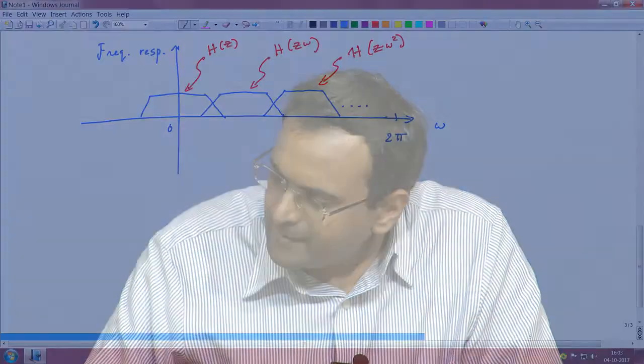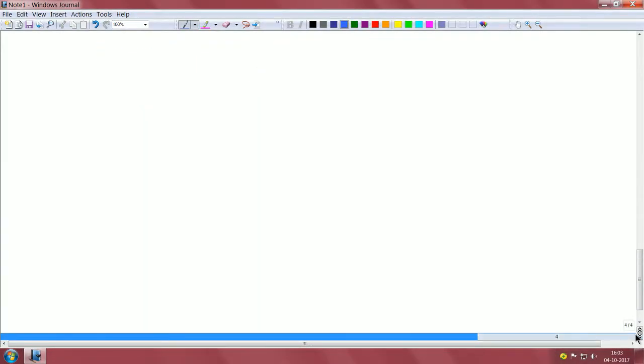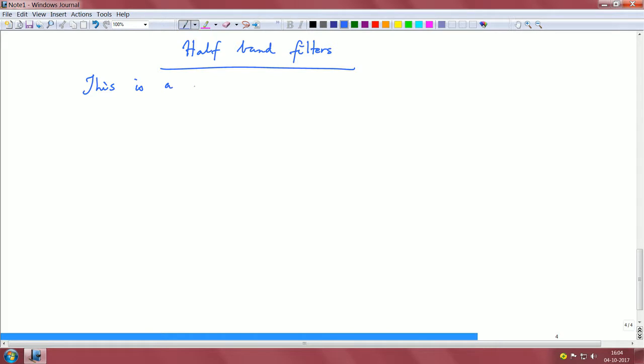And a special consequence of these filters, a special case I would say of these filters are the half band filters. So, as the name suggests, this is a special case of the Nyquist M equals 2 filters.